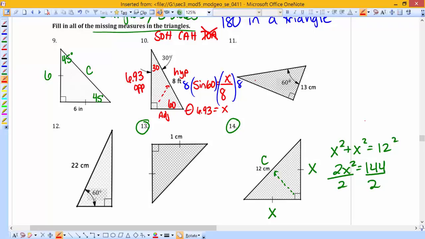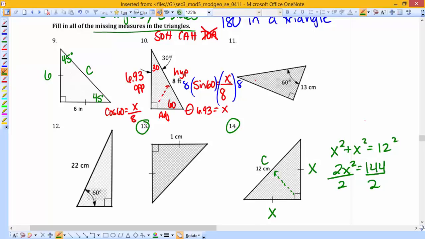When I go for the adjacent I have to use cosine, because cosine uses adjacent and hypotenuse. Again, there's not a lot of room here for you guys to be doing your work, so use another piece of paper. To do the adjacent, so this is going to be the cosine of 60 degrees, is adjacent, so I'll use x again, it doesn't matter, over 8.